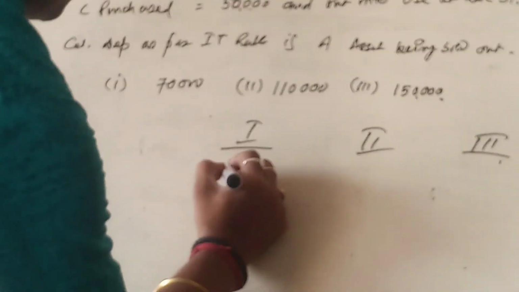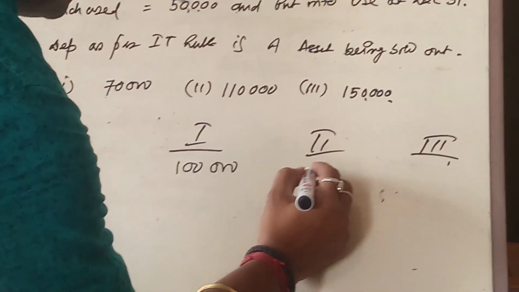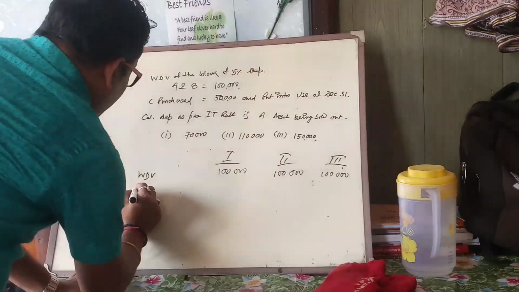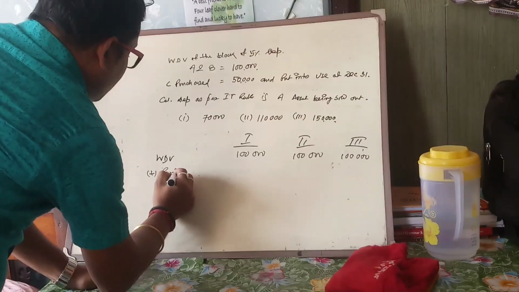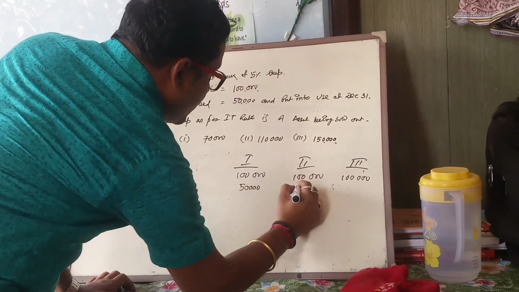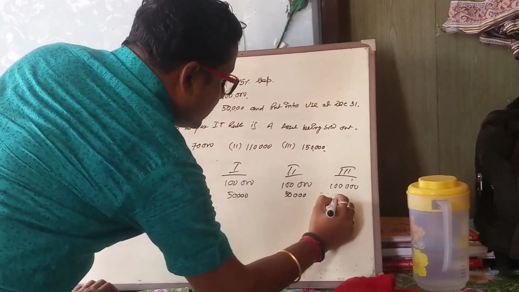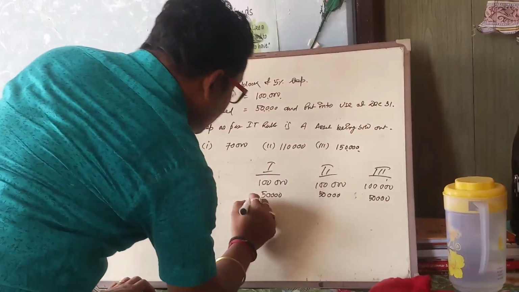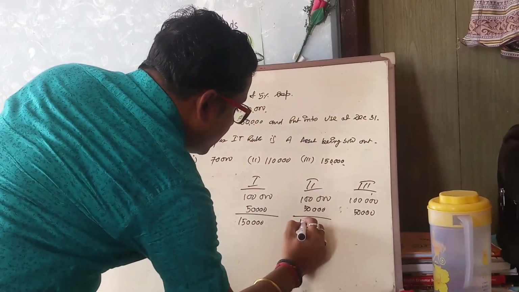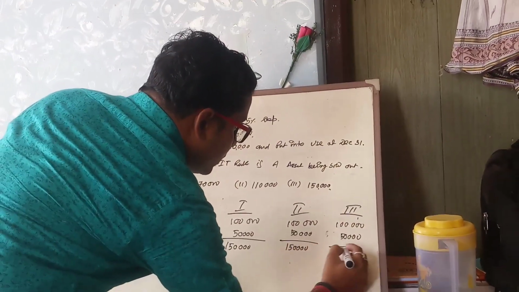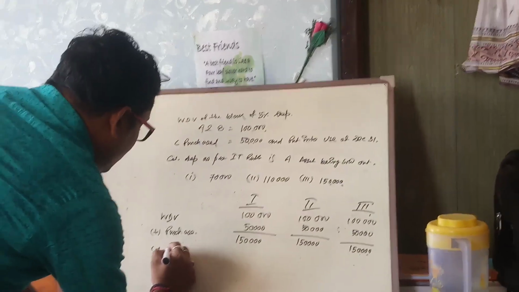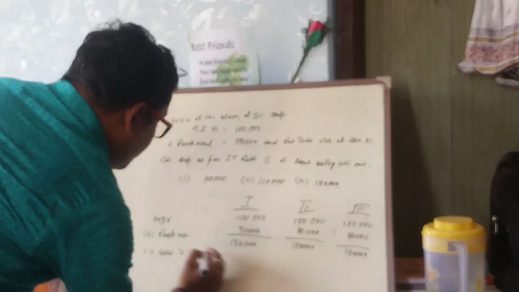WDV was 1 lakh, add purchase of C 50,000, 1,50,000 will be the balance. Now less sold.